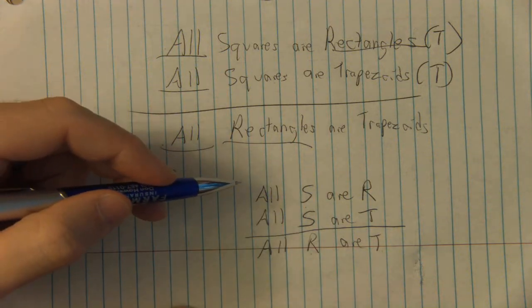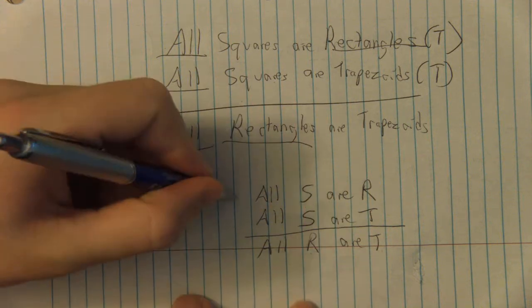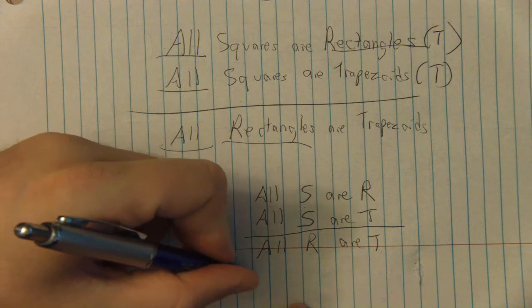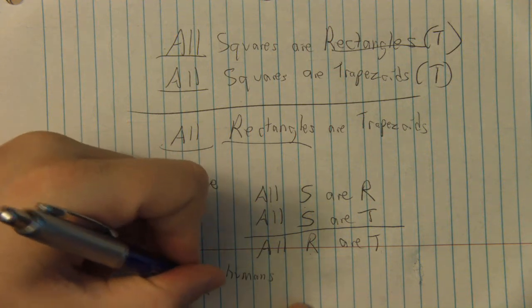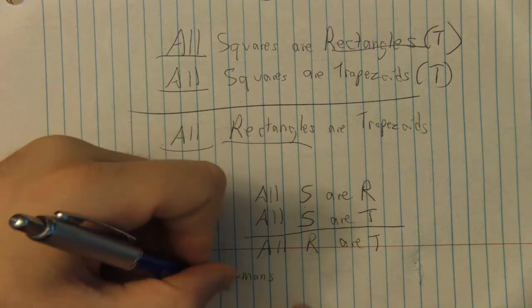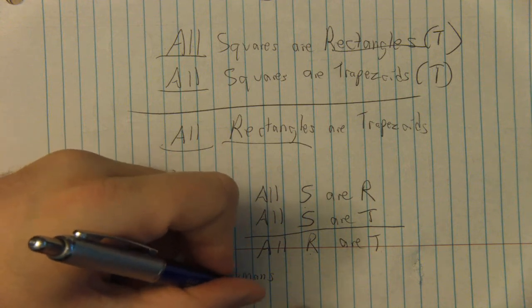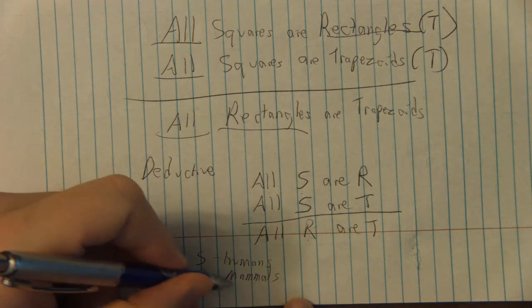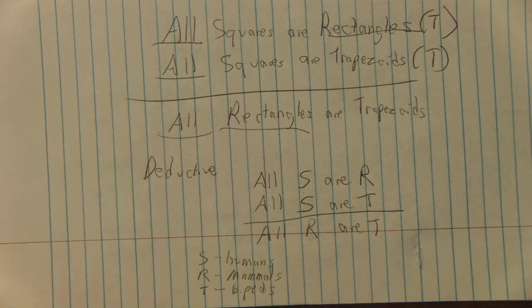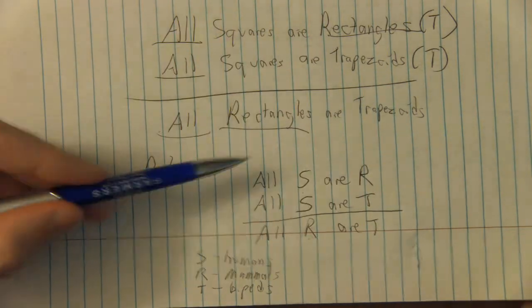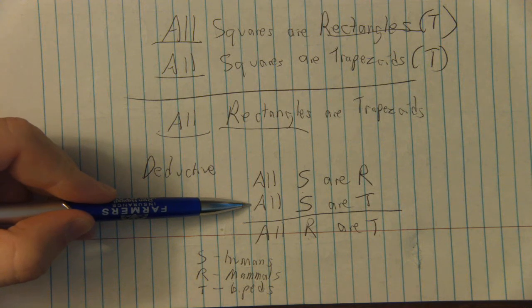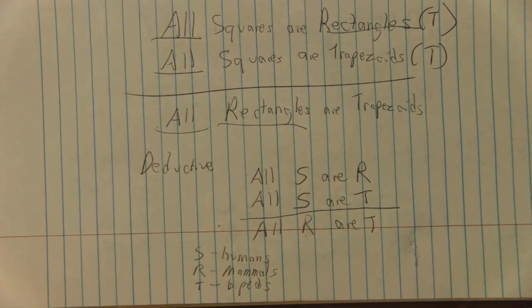It does not. My dog is not a biped, which means when S is humans, when R, you don't really need to write this out, is mammals, and when T is bipeds, it produces a counterexample because it makes premise 1 clearly and obviously true, premise 2 clearly and obviously true, and yet the conclusion clearly and obviously false.